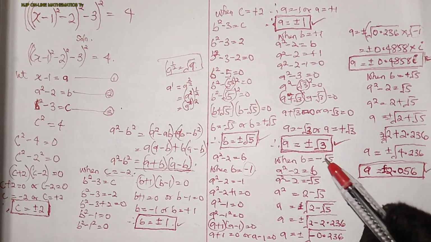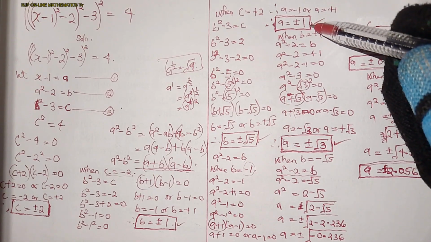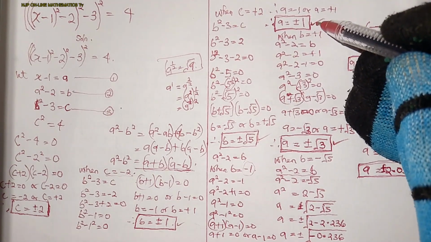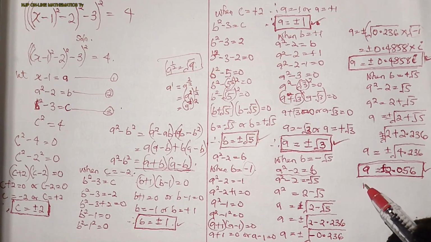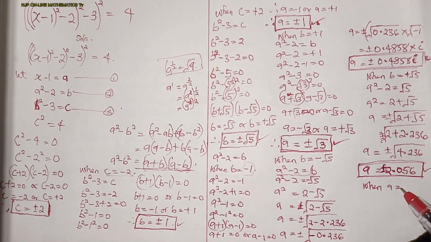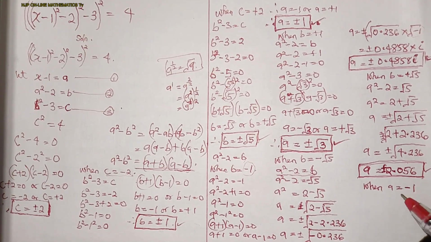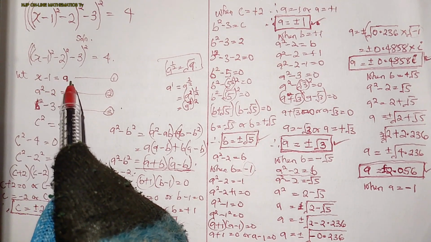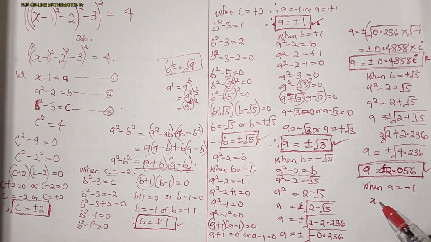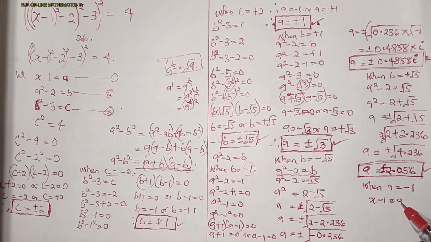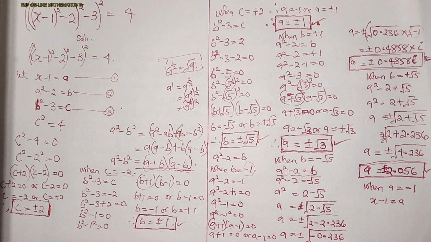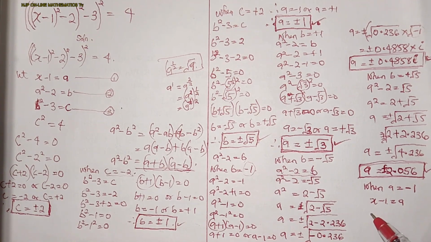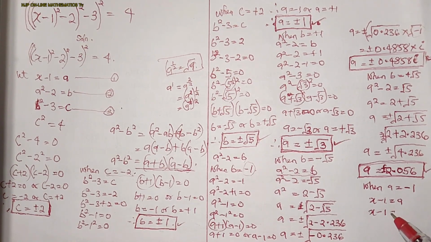Now let's substitute the values of A. This is the first value of A. We are now substituting when A equals -1 into the initial equation that we are having, that x minus 1 equals A, and we are to find the value of x. So we are having that x minus 1 equals -1, and now we are making x the subject.